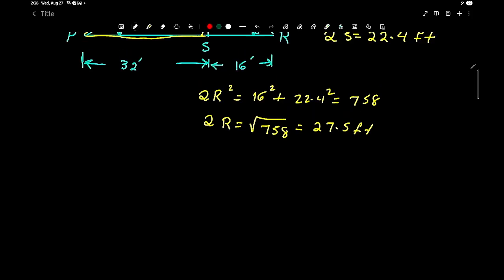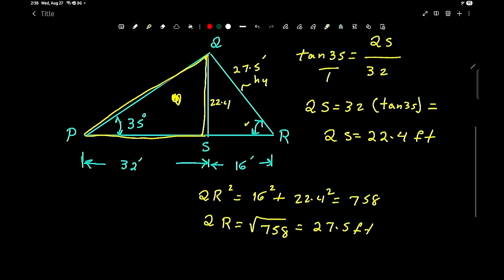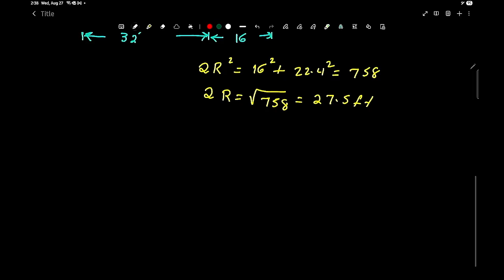What we're going to do is come up to the tangent of R right here, which would be opposite divided by side. So I'm going to say tangent R is equal to, opposite was 22.4, divided by 16, and that will give me 1.4.